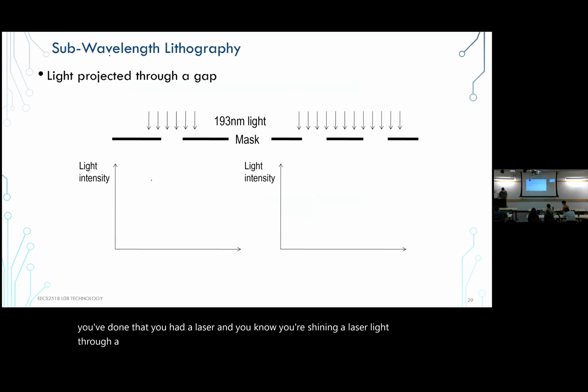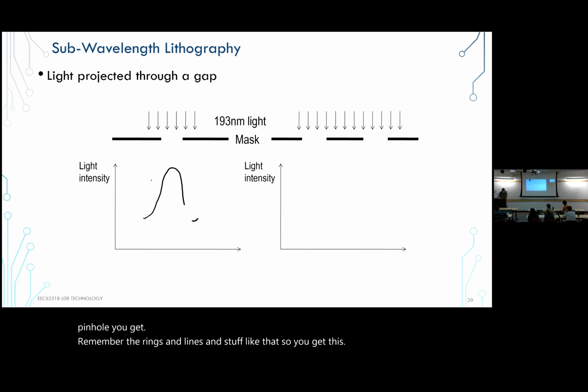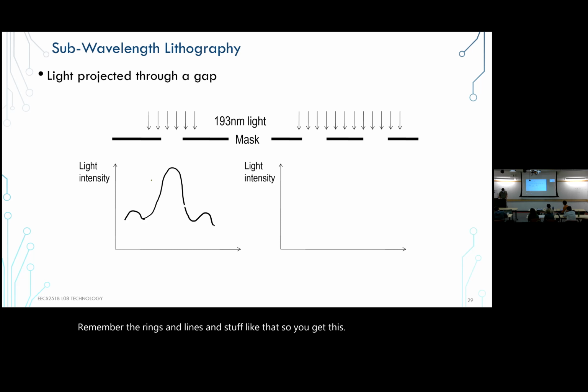You get what? Remember the rings and lines and stuff like that. So you get this. There is a lag over here in my Zoom, but I tried my best. So there is a light intensity that corresponds to these circular rings around the pinhole.